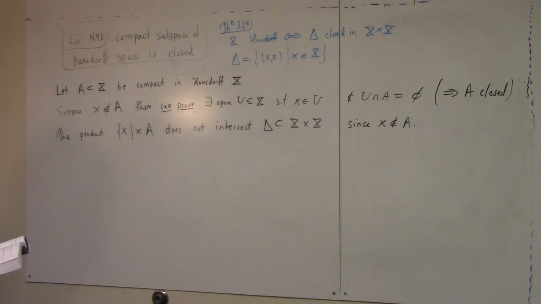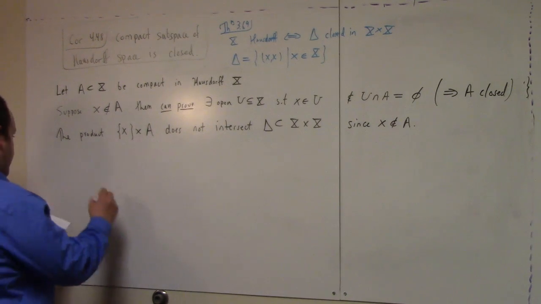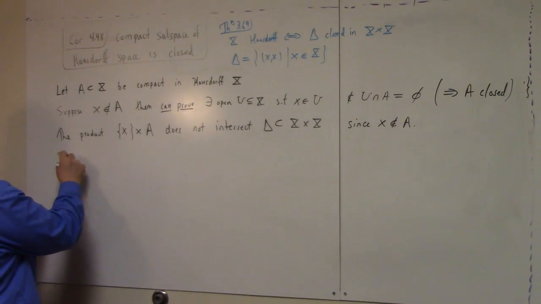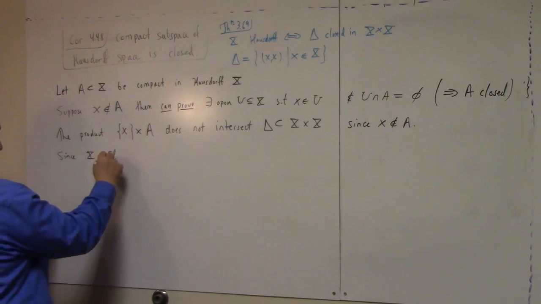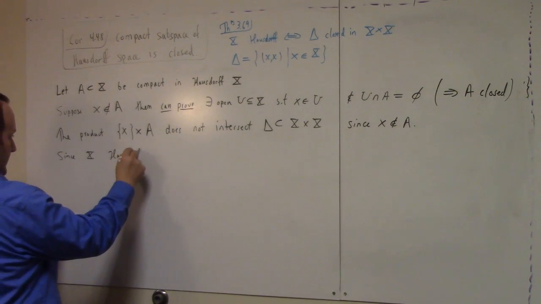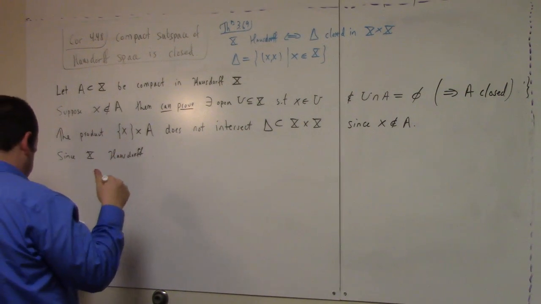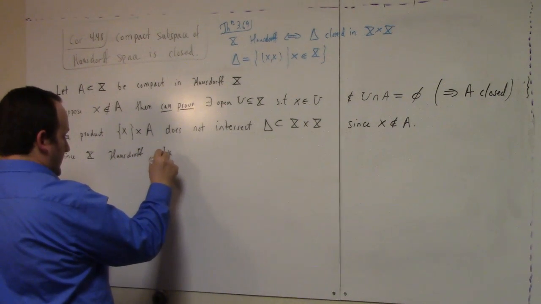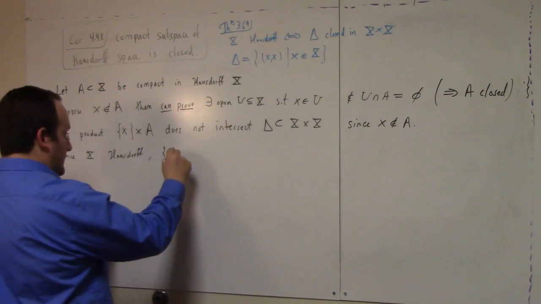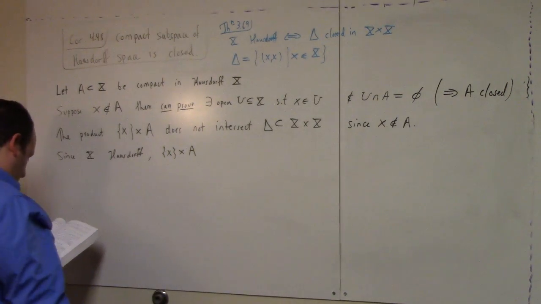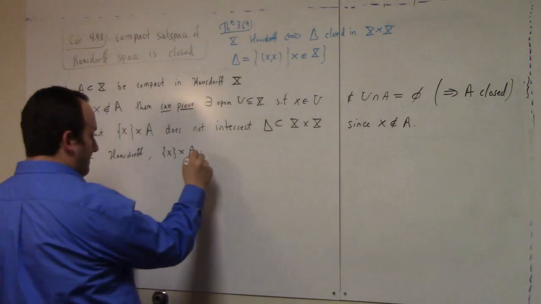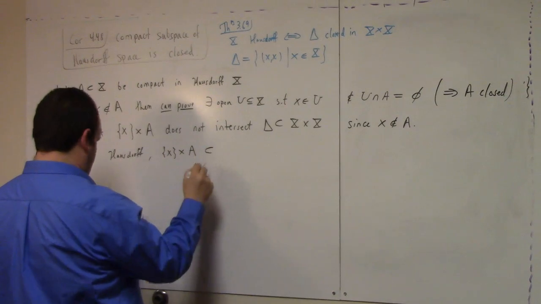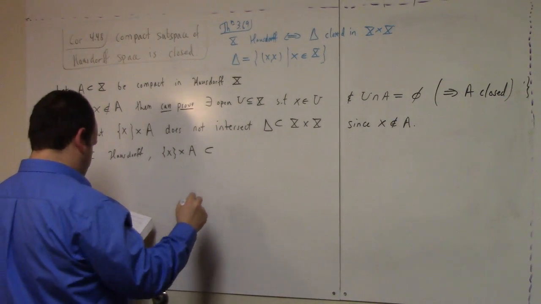And since X is Hausdorff, he says, let's see if we can follow this. Since X is Hausdorff, the singleton {x} Cartesian product with A is contained within the open set.